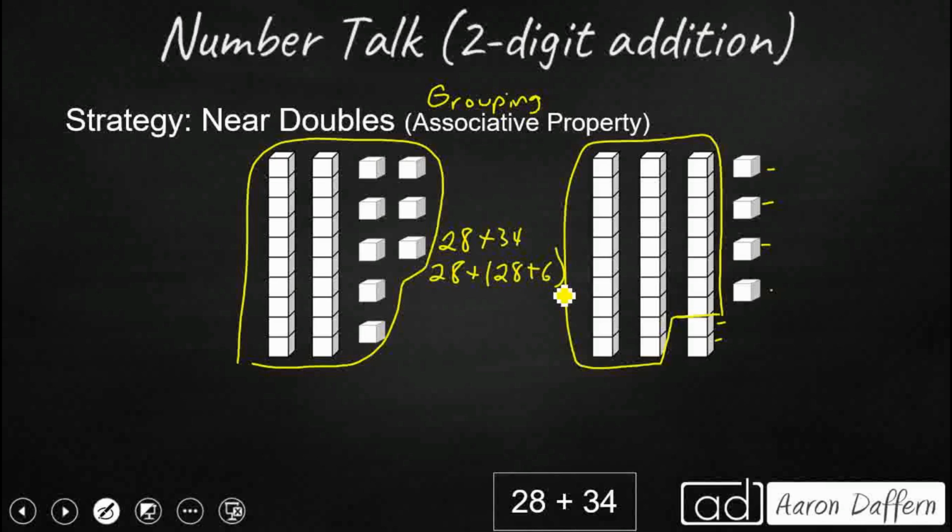And then the associative property is going to let me just shift the parentheses and regroup so I can add the 28s together, because doubles are usually pretty easy. So 28 and 28, that's going to be 56, because 20 and 20 is 40, and 8 and 8 is 16. I still need to add that 6, so if I add 56 and 6, hopefully you got the same answer that I just did, that we could have gotten 62.